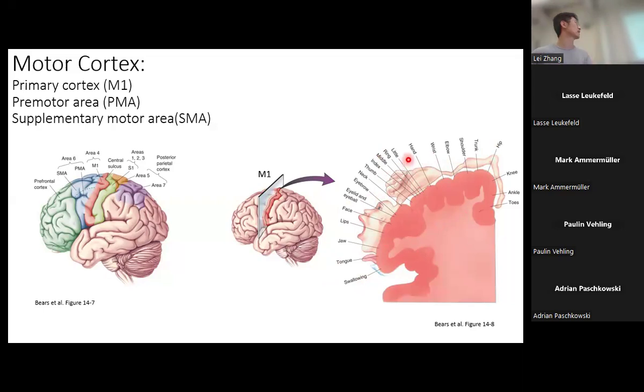Also, for one muscle, a neighboring area can also contribute to the muscle. So it's not that simple. There are some recent papers that have hypotheses about how the M1 is organized according to the lower level muscle. But this is just a rough idea of how this is distributed in the M1 related to the muscle.